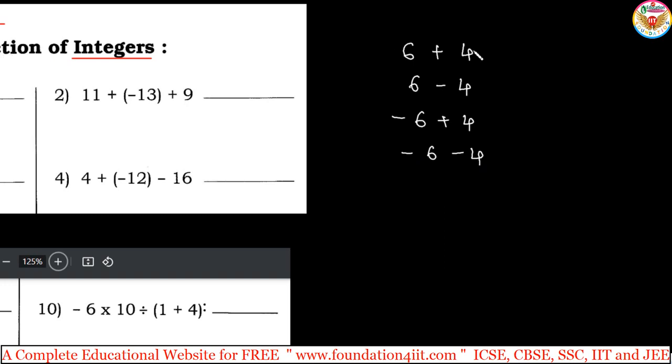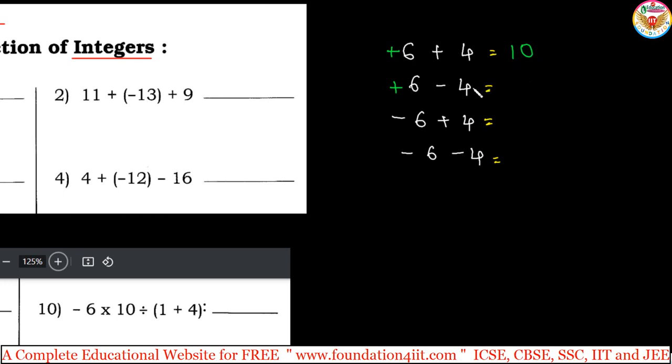You can notice only these 4 cases; numbers can change, but the pattern is the same. 6 plus 4 is 10, direct addition, when both are positive we add. 6 is nothing but plus 6. We do not keep the plus symbol before 6, but keep in mind that it is a positive 6. Plus 6 adding with plus 4 is plus 10. We will not keep all the signs.